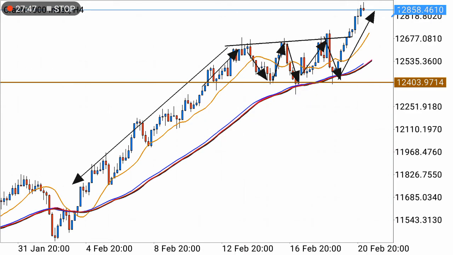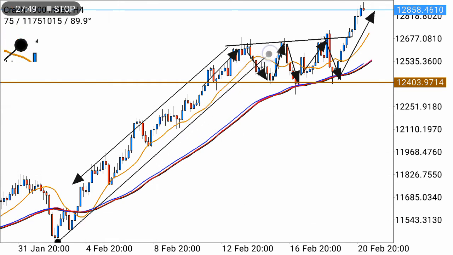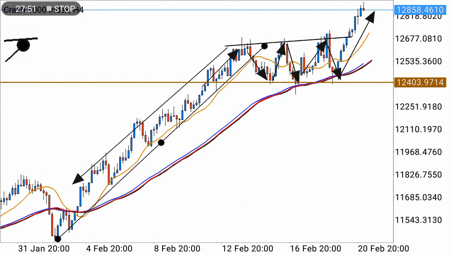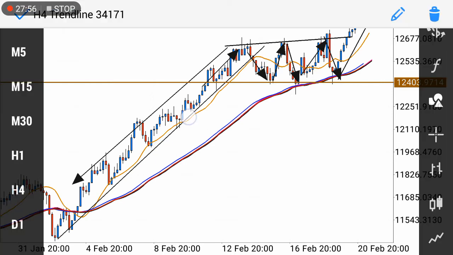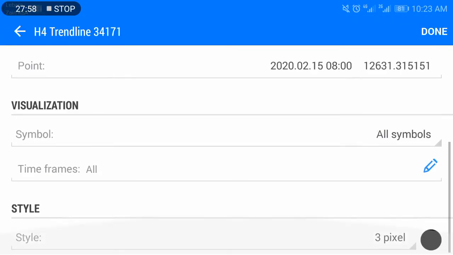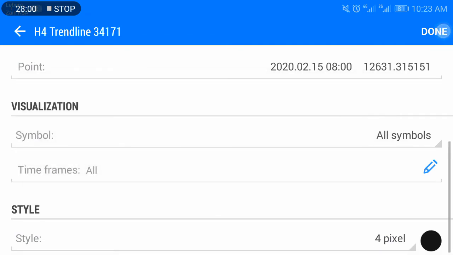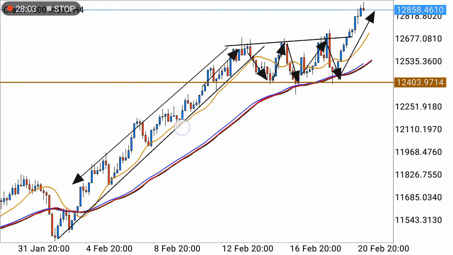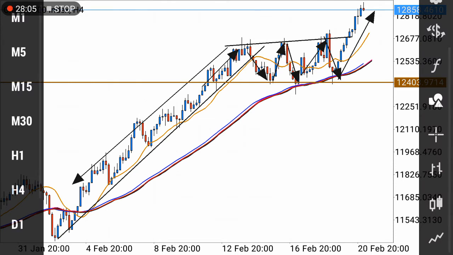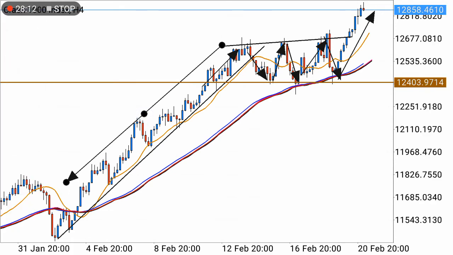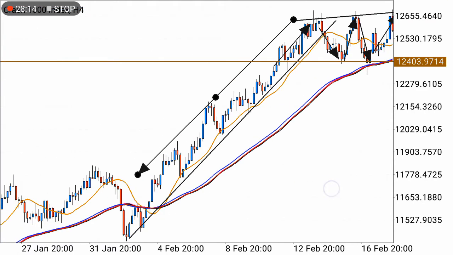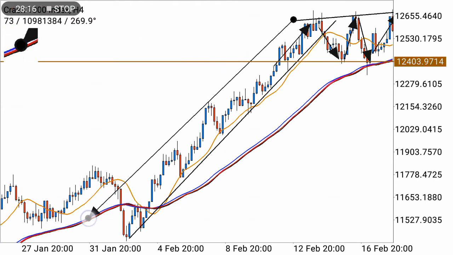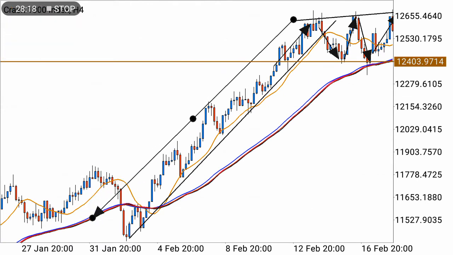Let me draw the trend line. Look here, trend lines showing us how easy it is to predict the price, that price momentum. Very easy, really very easy trading.